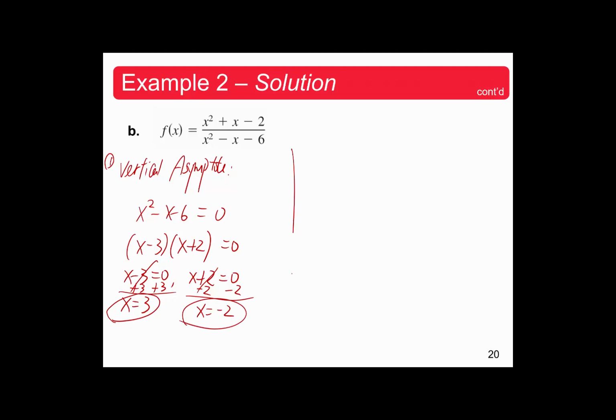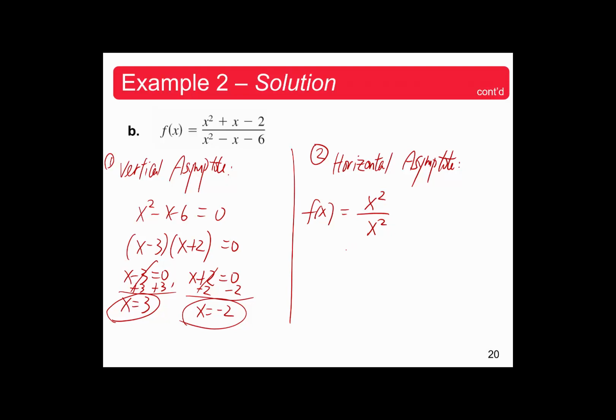And for the horizontal asymptote, as I mentioned earlier, you just drop the remaining terms. Keep the leading term on top and the leading term on the bottom. That's the simplest way to find a horizontal asymptote.